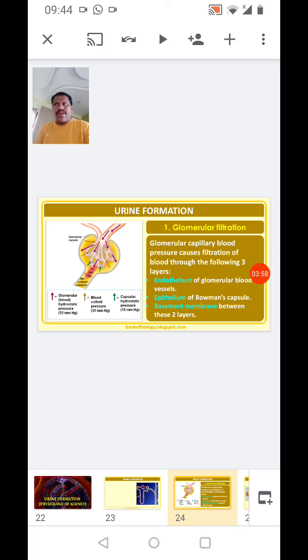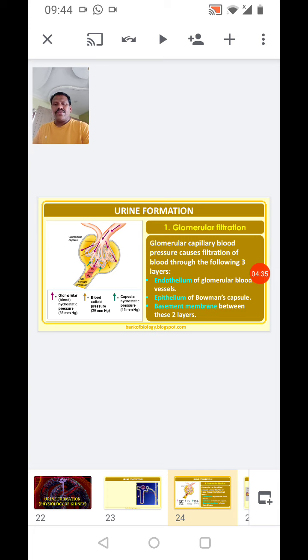Remember, let me give you the definition of glomerular filtration. The filtration of the blood from the glomerulus into the lumen of the Bowman's capsule through the filtration membrane by a passive process is called glomerular filtration.